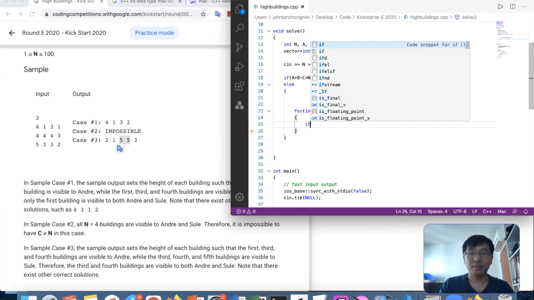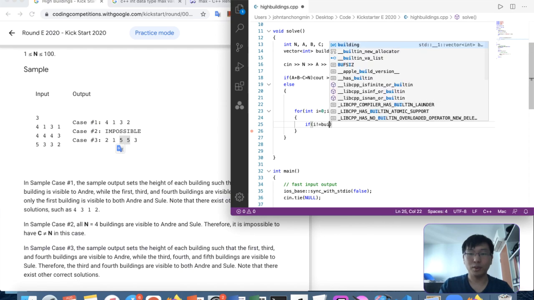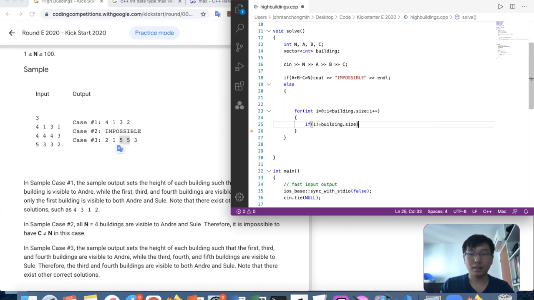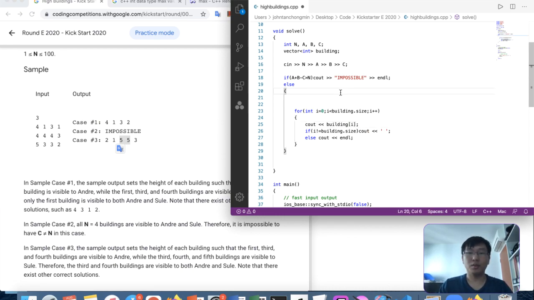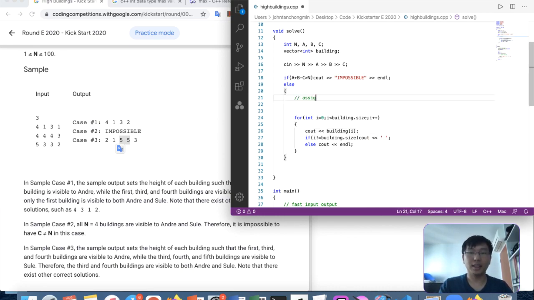If i not equals building dot size, cout, else cout endl. So over here we're just printing out the buildings. Okay, so over here we need to do the code to assign the buildings.